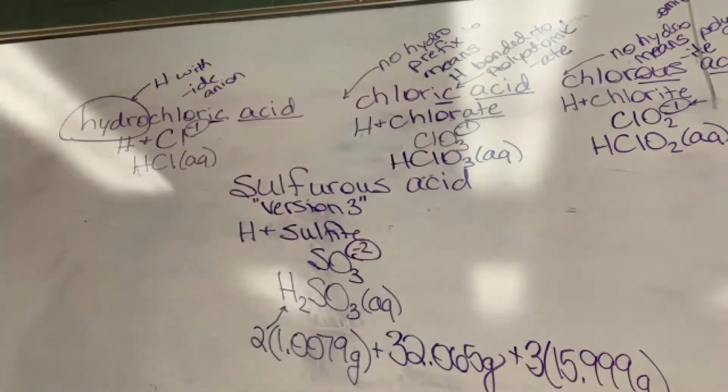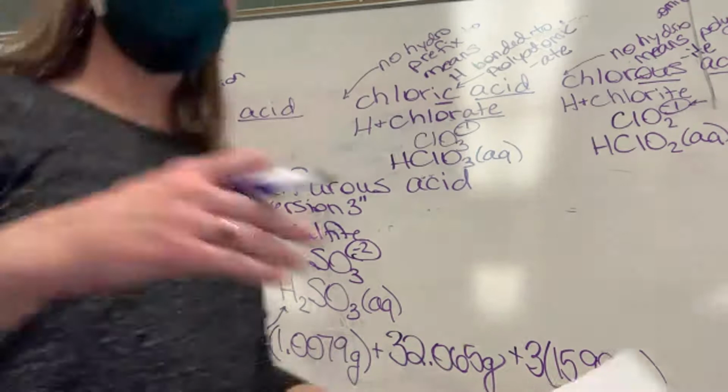Most of our atomic masses on this table have 5 significant figures. Some of them don't, but most of them do. So just whatever number you see, use it all, add it together, and do not round when you're figuring out molar mass.